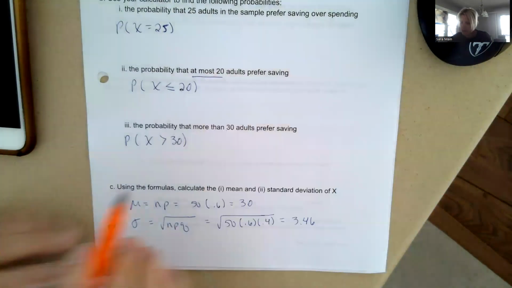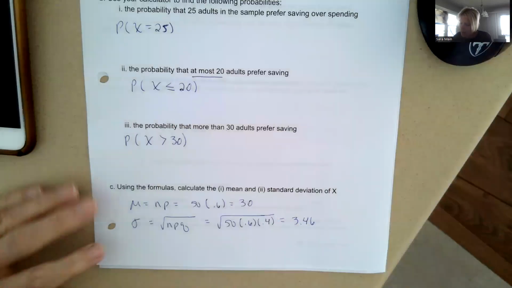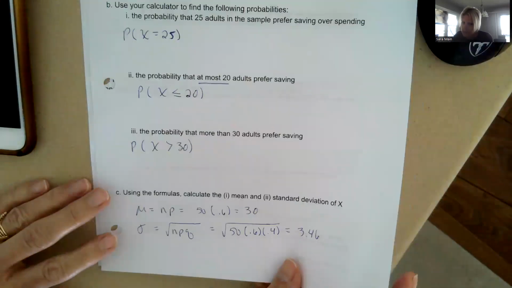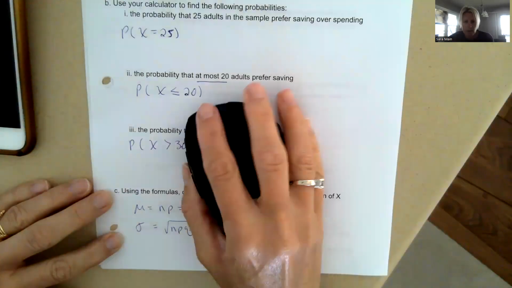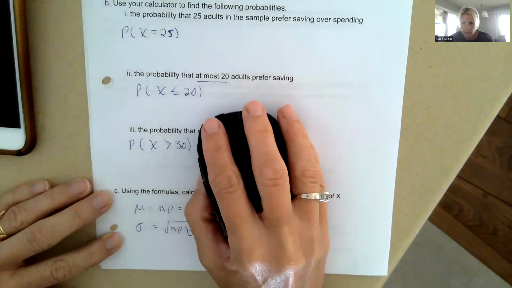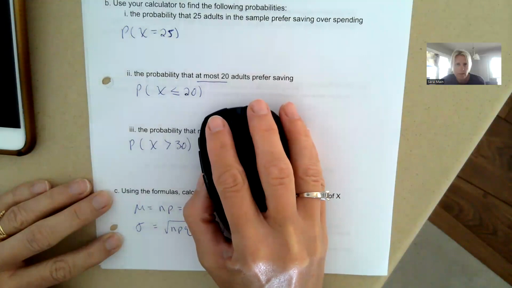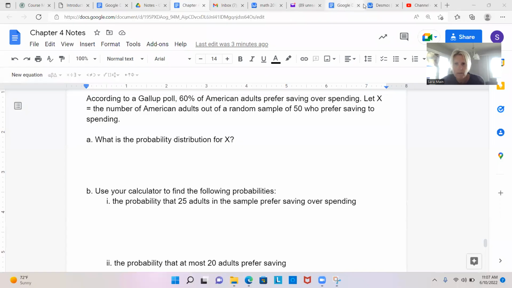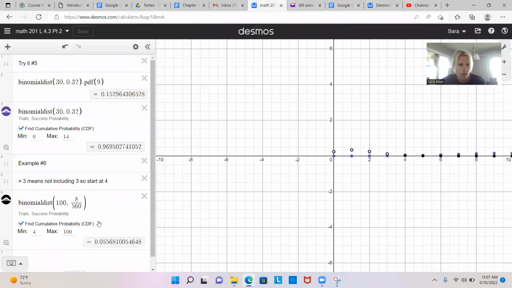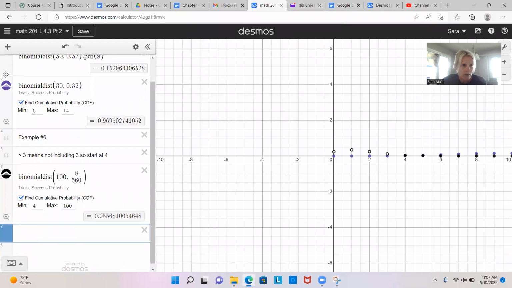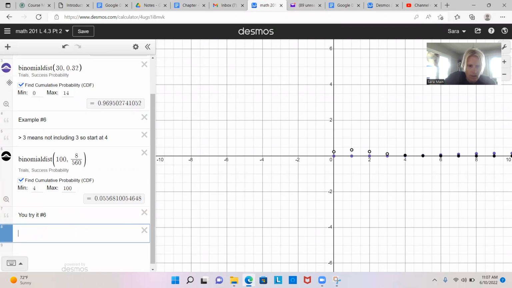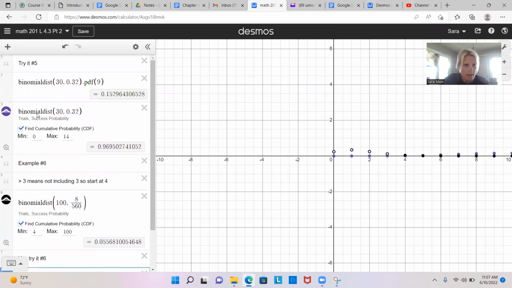So let's go into Desmos and find these three probabilities before we go on to the next example. This is you try at 6. So we're finding exactly 25.